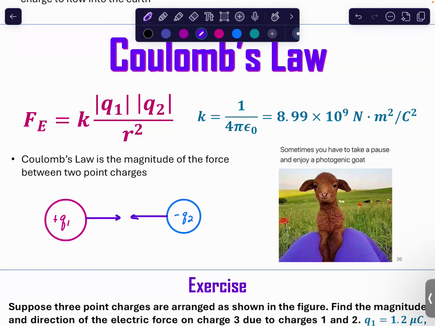And so, of course, again, someone remind me of how we read that. So F12 is the force on 1 by charge 2, and F21 is the force on charge 2 by charge 1. And then we said what? Yep, so negative F21.